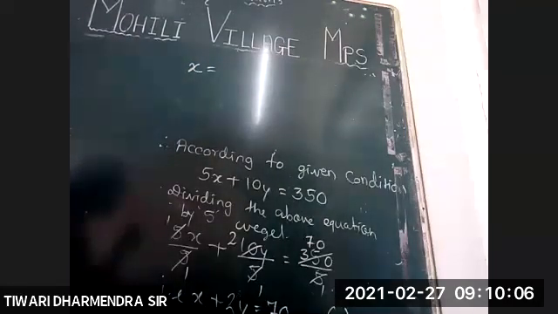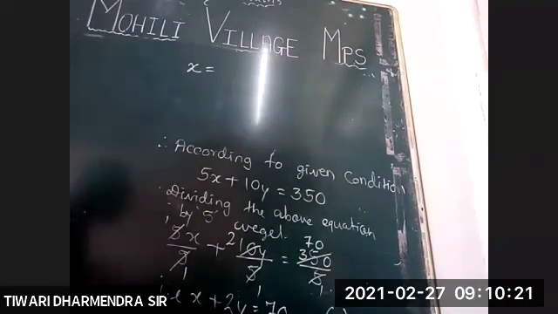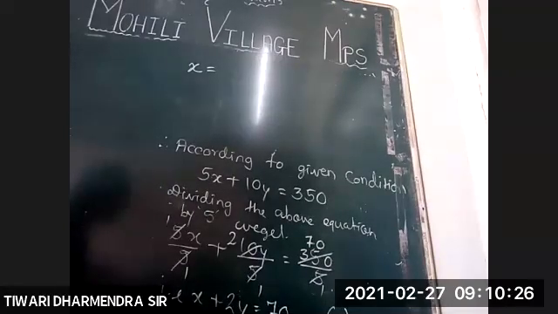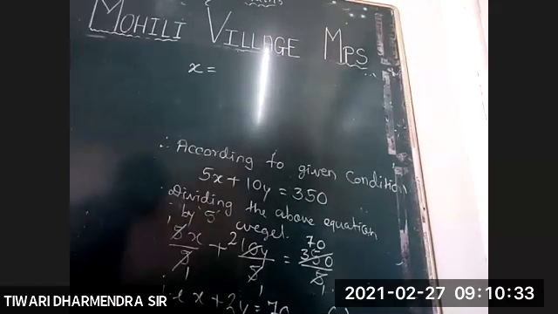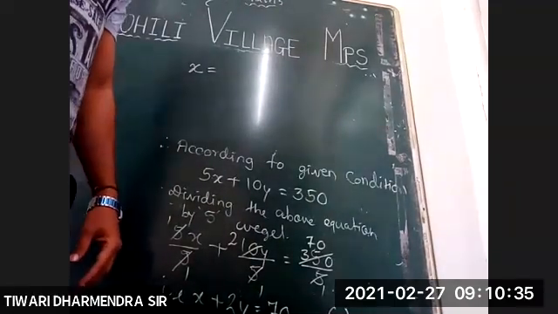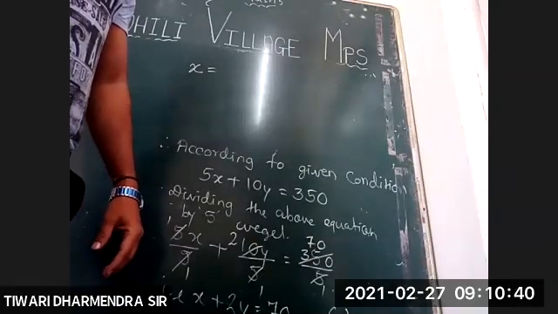So number of 5 rupee notes x are less by 10, means less than whatever is the number of 10 rupee notes. Try to understand now. Number of 5 rupee notes are less by 10 than number of 10 rupee notes.